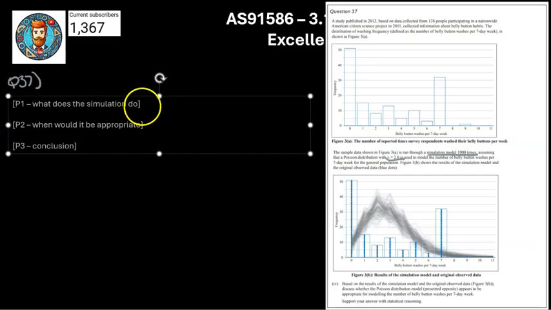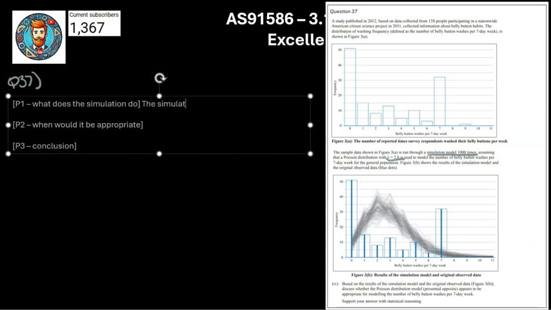So let's do paragraph number 1 first. What is the simulation here trying to do? All it's really doing is comparing the distributed data of the number of washes in a 7-day week with the expected outcomes using our theoretical distribution model.